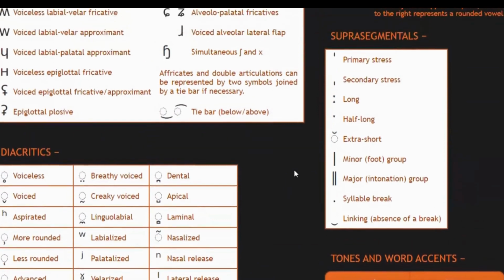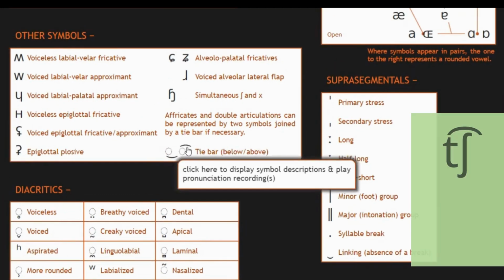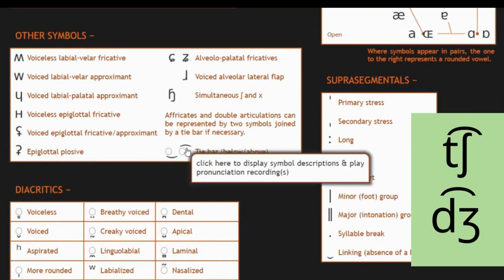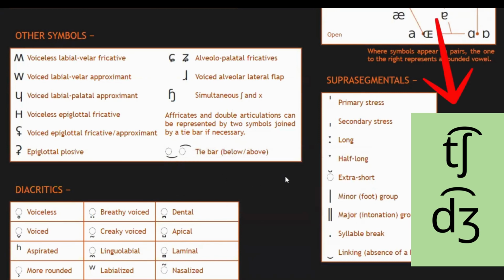All right, then one more symbol that would be good to know are these tie bars. So you can write affricates with these tie bars. If you remember, an affricate is a stop sound plus a fricative. So you would use the relevant symbols.